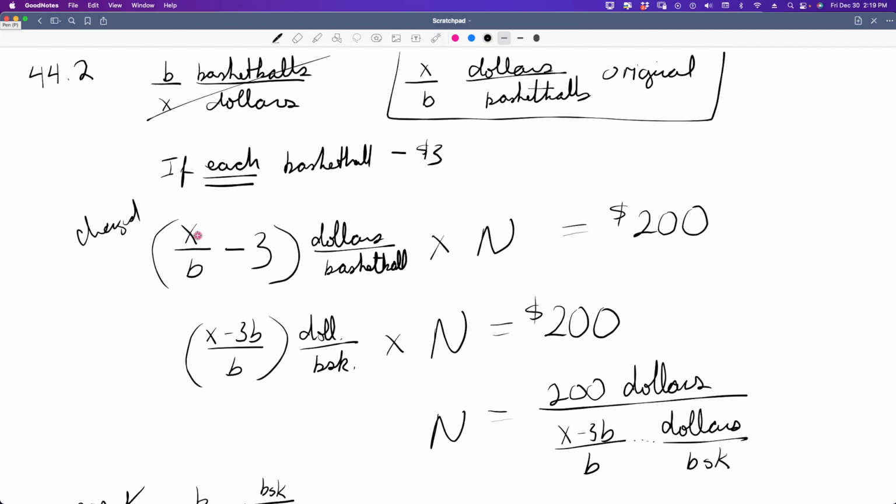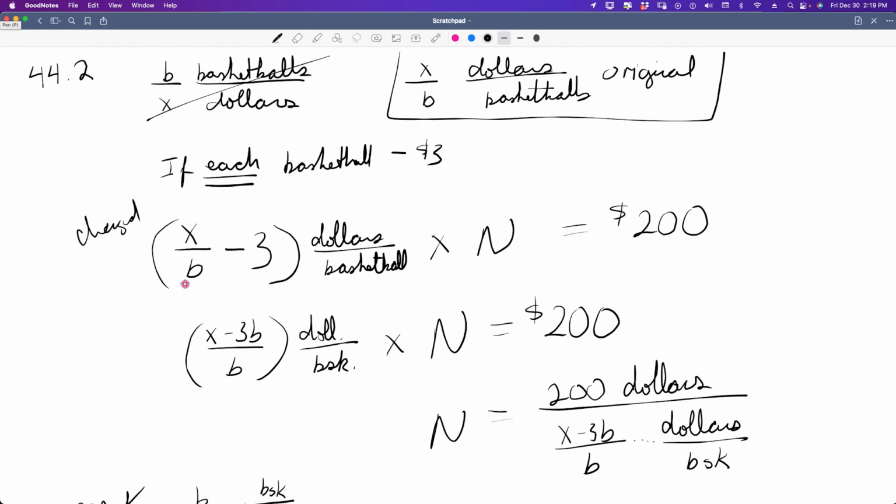We couldn't say x minus 3 because x represented the total purchase price, and b represented the total number of basketballs. So in order to get to that individual price, we had to do this fraction and get our rate, and then take 3 from that value. So that was the tricky part in this whole thing, understanding each versus the group.